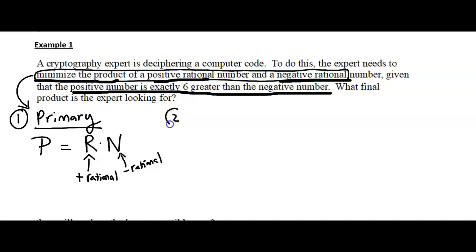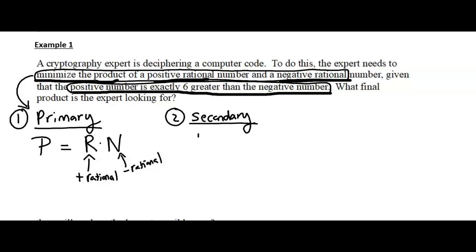Now we're going to look for our secondary equation. Remember, the secondary equation is the equation that puts limits on this. What are the limits they're giving us here? It tells us that you can't just pick any 2 numbers. You're restricted to a certain group of numbers. The positive number has to be 6 greater than the negative number.